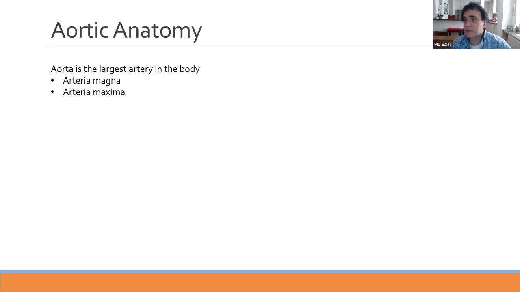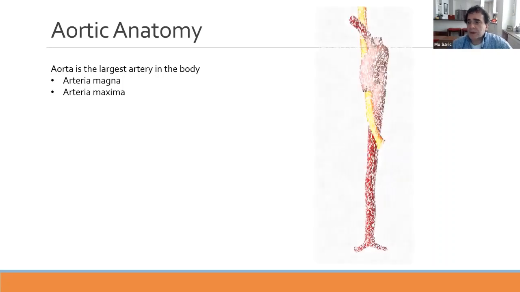Aorta is clearly the largest artery in the body, and therefore sometimes is referred to as arteria magna or arteria maxima. This is the rendering of the entire aortic tree and its relationship to the esophagus, which is depicted here as a yellow tube in this illustration.